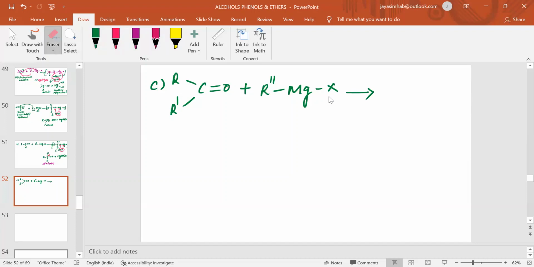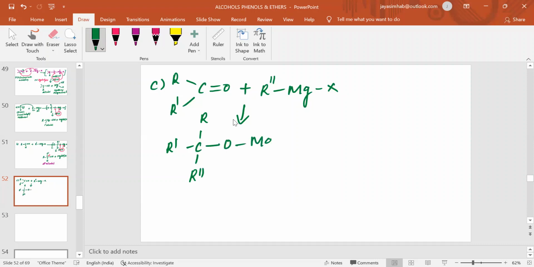We'll write it downwards because space is not sufficient here: R, R prime, R double prime, C, O, MgX.